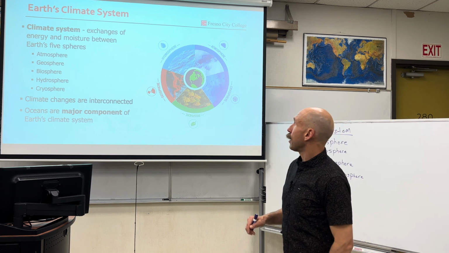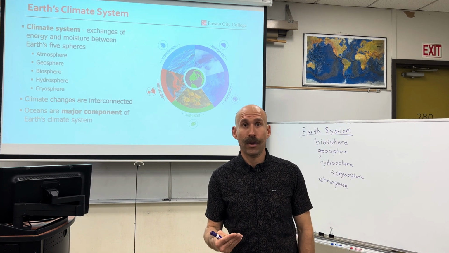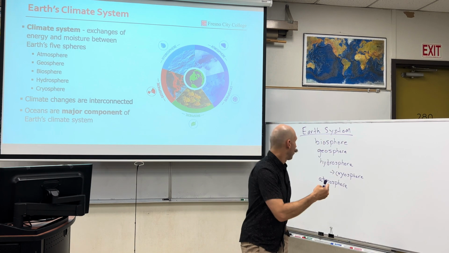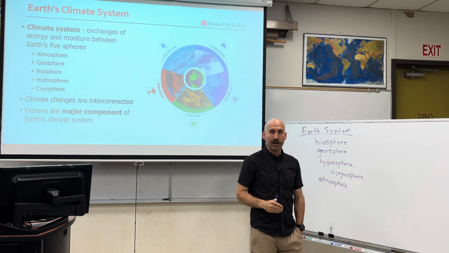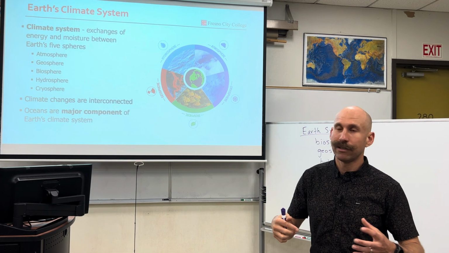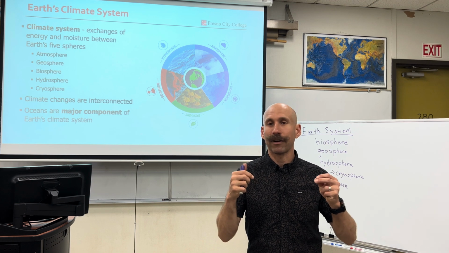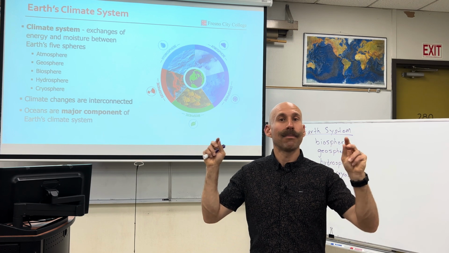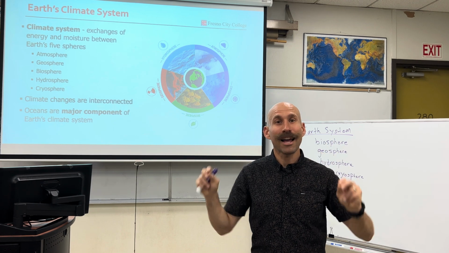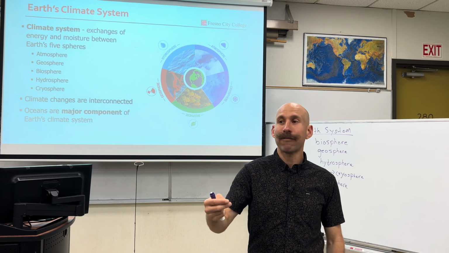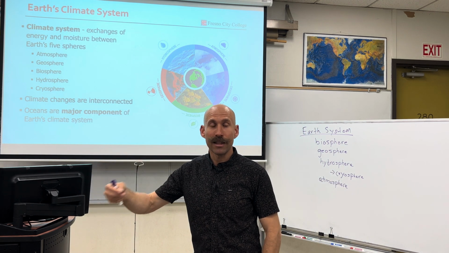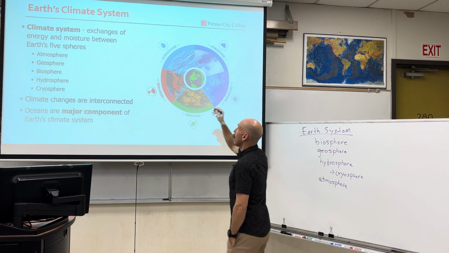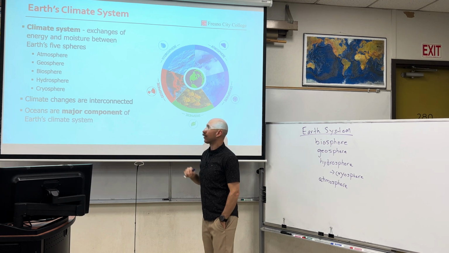Well, we can also think about the climate system, which is going to be the exchange of energy and moisture between the spheres. So, Earth is a complex place where we have many different complex interactions going on between the life, the rocks, the air, the water, the ice, but also our Earth's climate, which is the long-term averages of the weather conditions that are available at a given point in time, is highly influenced by these interactions of Earth's spheres.